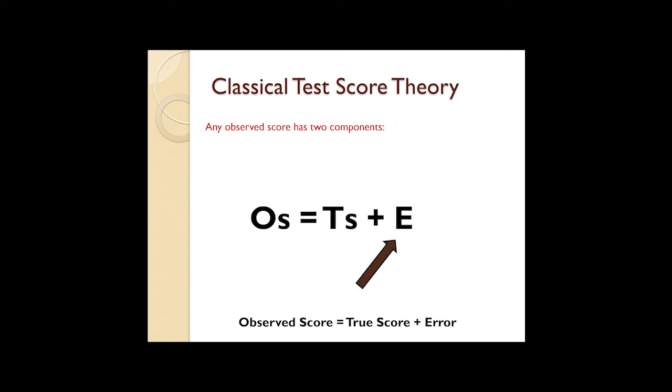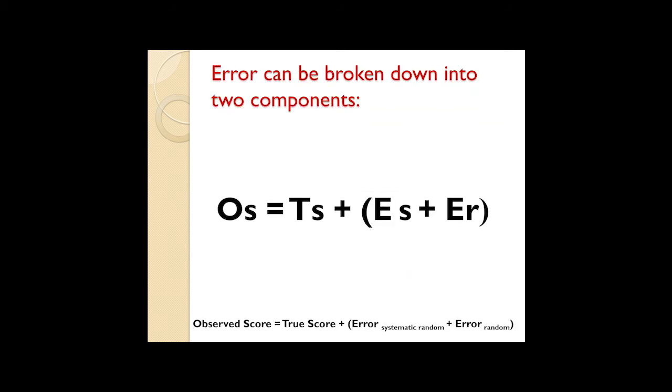So let's look at this in a little bit more detail. This is the previous formula with a minor expansion. So we have observed score equals true score plus error systematic and error random. We can split that term in two theoretically. In reality, we can't, but this is a theoretical exercise.